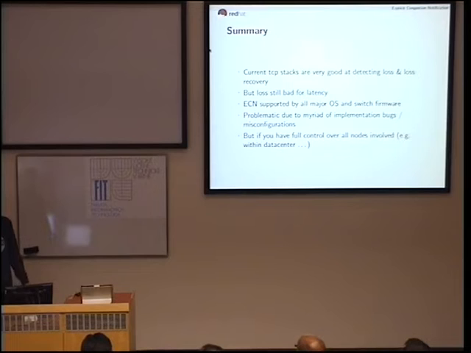It's just problematic due to the myriad of bugs and legacy implementations out there. On the other hand, of course, if you have full control over all the nodes involved, like in a data center, then that changes, because you can just throw out all of the middle boxes that cause problems, or even better, just design it from the ground up so that you know that all of your involved systems will do the right thing.